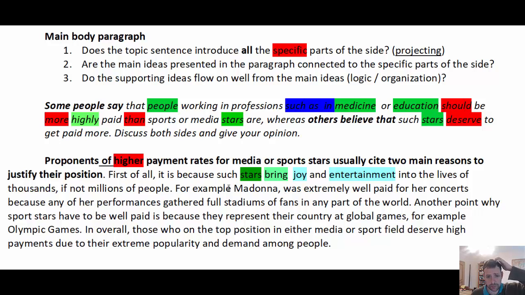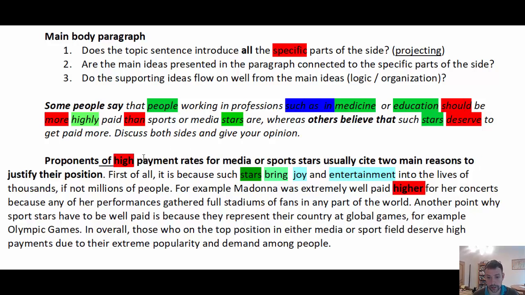Okay, for example, Madonna was extremely well paid for her concerts because... Okay, so this is good. She was extremely well paid for. Again, how can we come back to this higher? She was extremely well paid. So that was the problem. Before, if you remember, we had high.